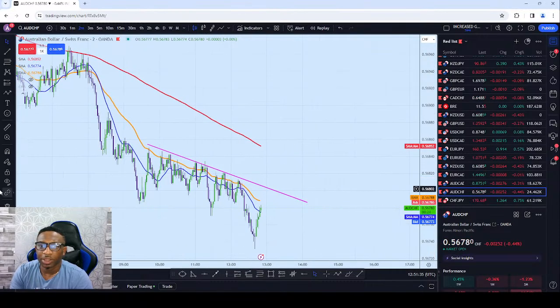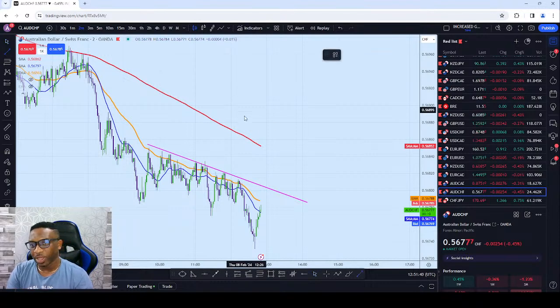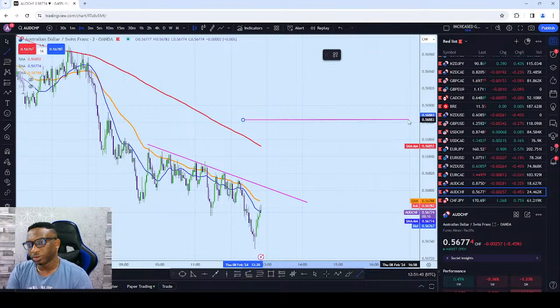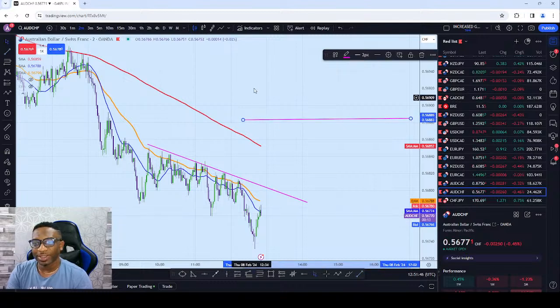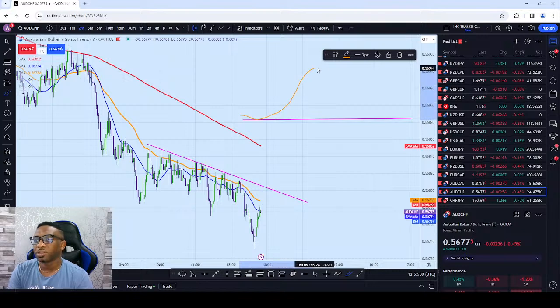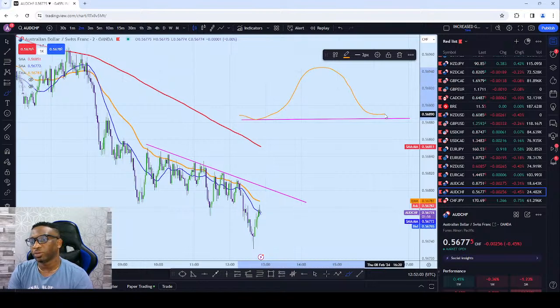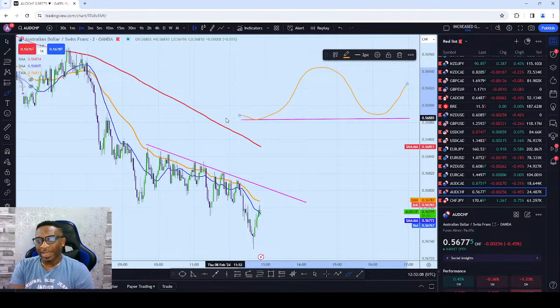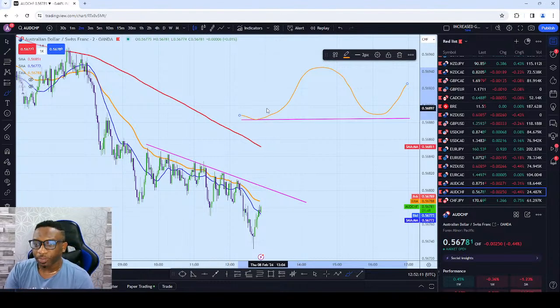As I was trying to explain something about the markets, anytime we are trading, we have to identify where price is at. So this is what we look out to do, to identify which direction we ought to trade.